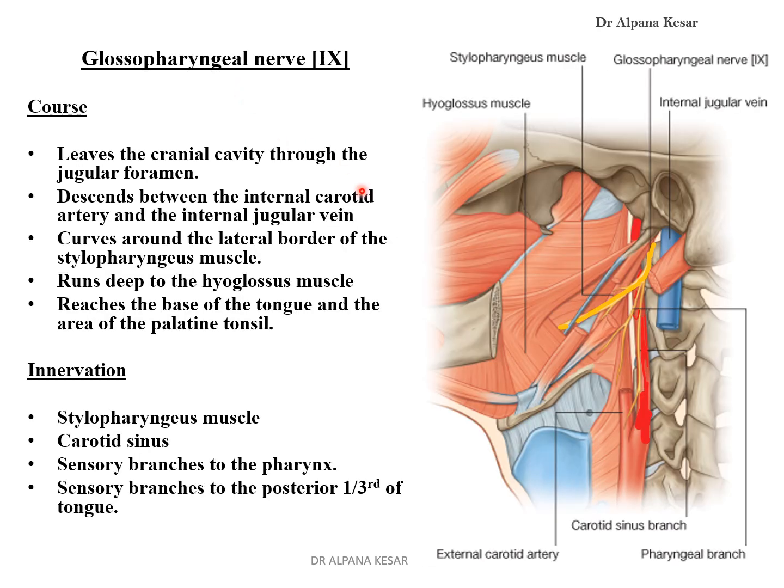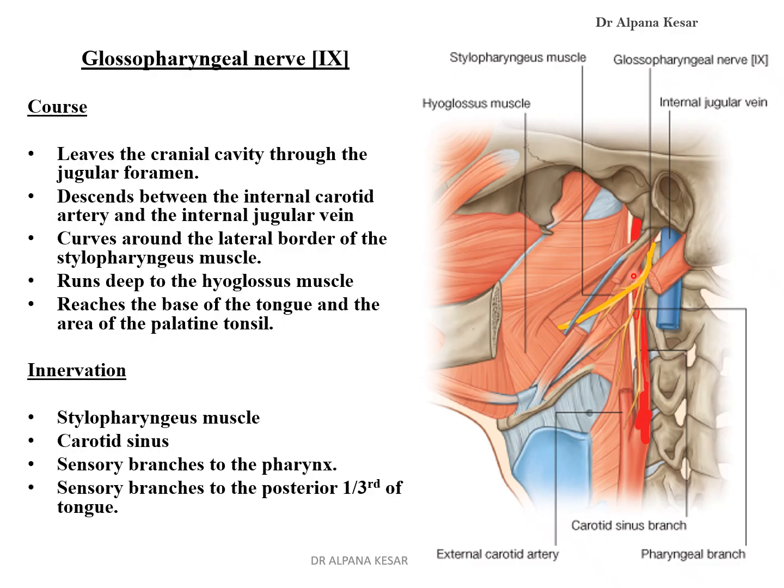Glossopharyngeal nerve. This is the glossopharyngeal nerve. Glossopharyngeal nerve is the ninth cranial nerve that leaves the cranial cavity by passing through jugular foramen. It enters the neck where it descends between the internal carotid artery and the internal jugular vein. It curves around the lateral border of stylopharyngeus muscle.